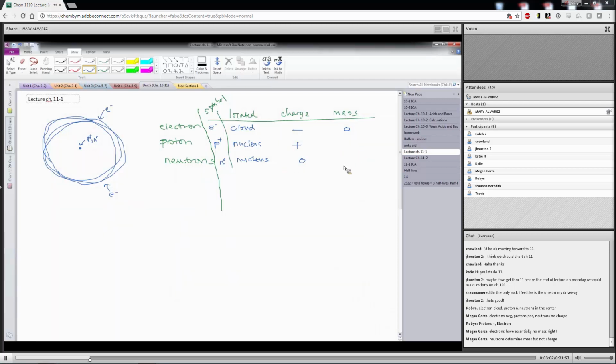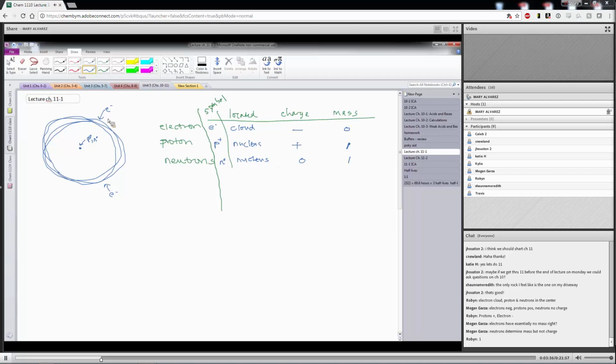Neutrons do contribute to mass, so they have a relative mass of 1. And protons have a relative mass of 1. Excellent. So electrons contribute to charge, but not mass. Protons contribute to charge and mass, and neutrons contribute to mass, but not charge.